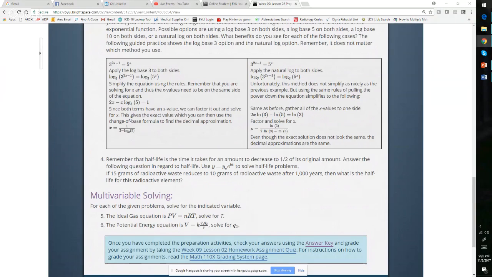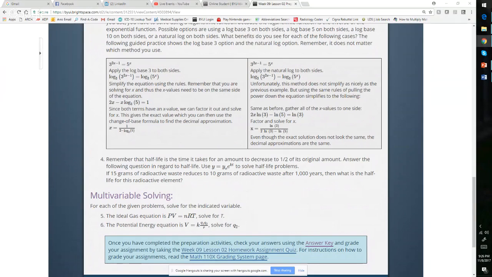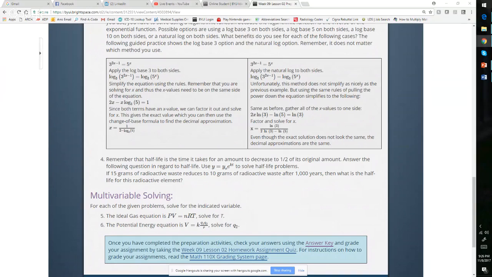The k I came up with was negative 0.0004, and the time, again, was 1,732.86 years, so a long time. Almost 1,733. Okay, and that's as far as I got.